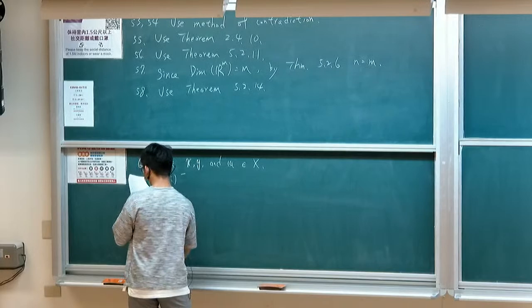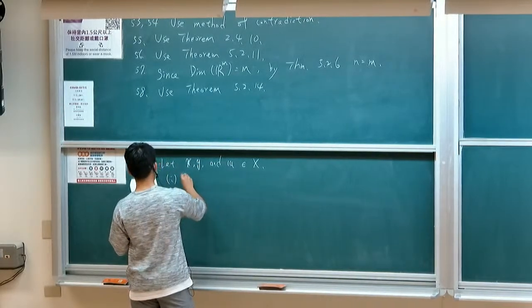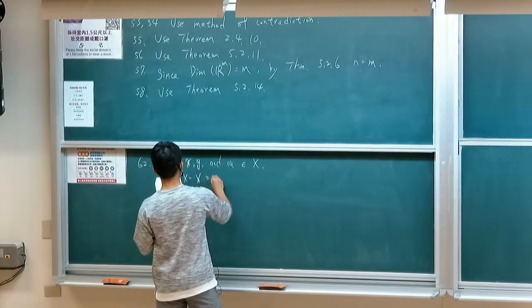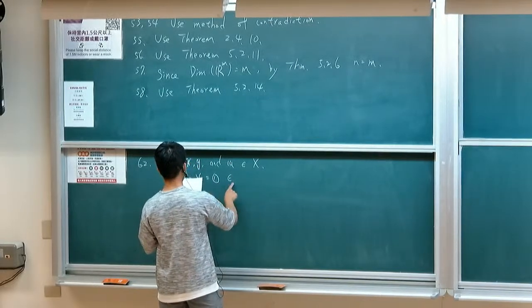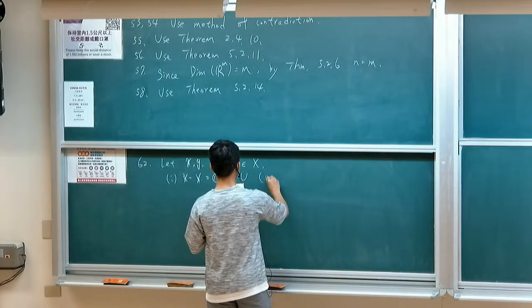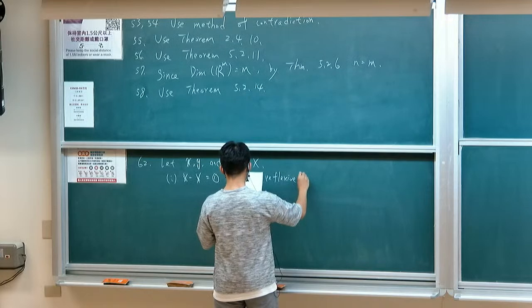First, we check the reflexive property. Since x minus x is equal to 0, and of course 0 is an element of U, the reflexive property holds.